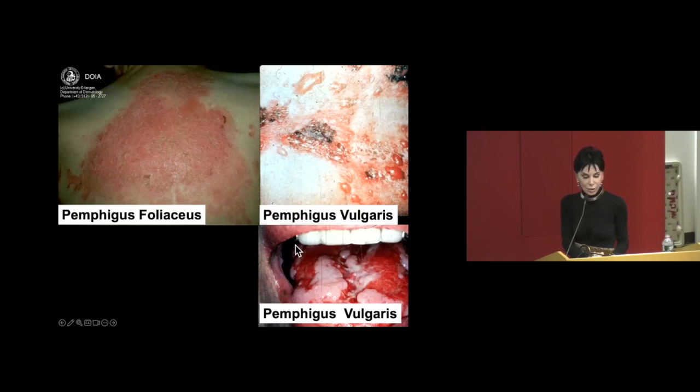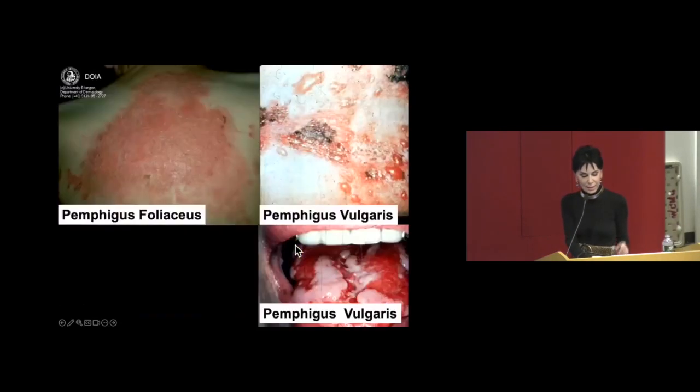In contradistinction, in pemphigus vulgaris, it is a severe blistering eruption with significant sloughing of the skin, with prominent oral cavity involvement. And before the advent of immunosuppressive therapy to treat pemphigus vulgaris, patients would actually die from this condition, as opposed to pemphigus foliaceus, which is the superficial variant, as we will discuss momentarily, that is not associated with mortality.